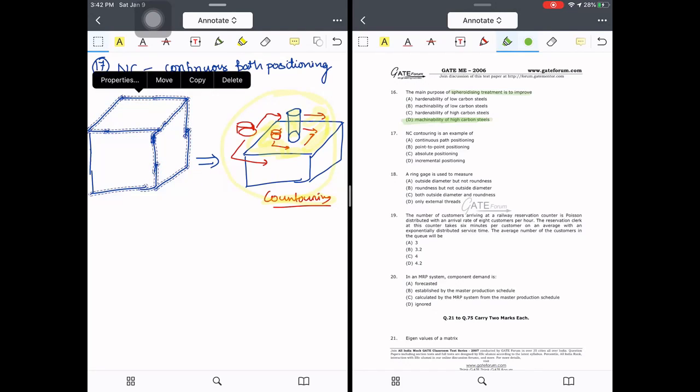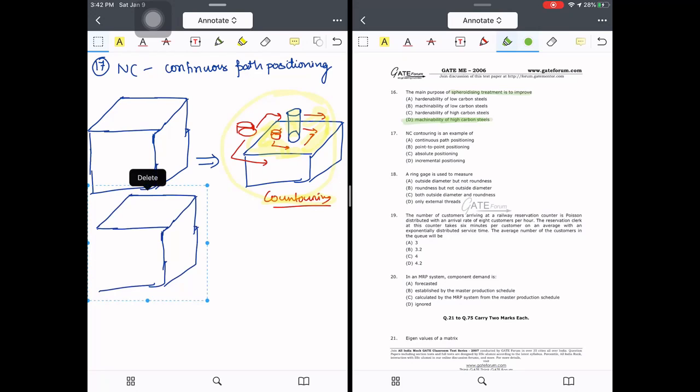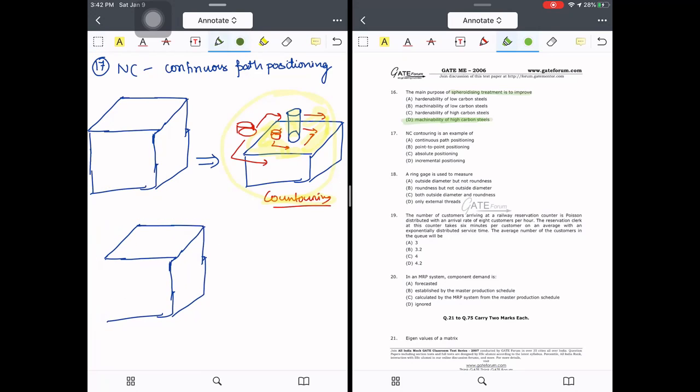Let me make a blind copy. So I'm making a blind copy of this workpiece because the same workpiece will be operated. So what I will be doing in the pocketing operation is to make a hole or dig it.